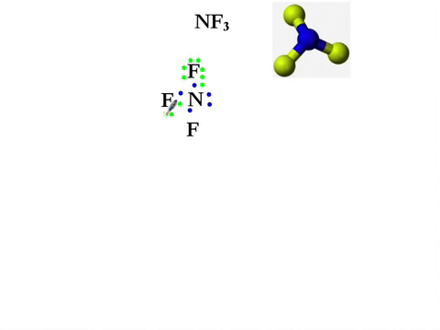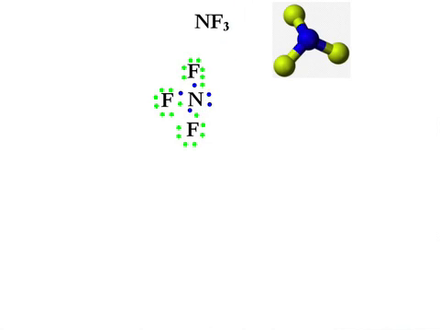And the last fluorine has 7. And here we can see that each atom now fulfills the octet rule. They each have 8 electrons in their valence shell, so they're all sharing and they're all satisfied.